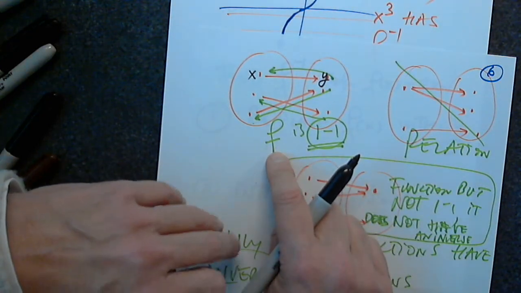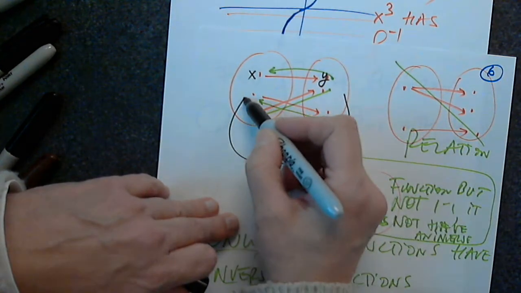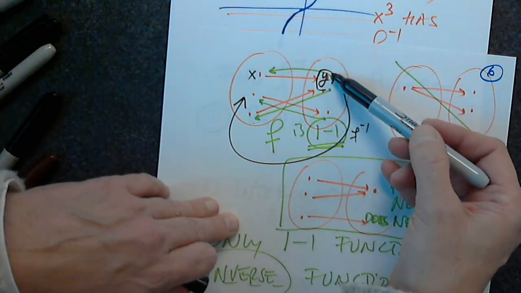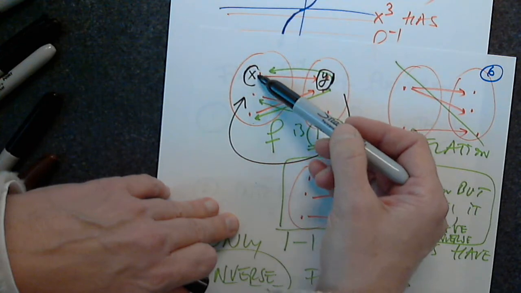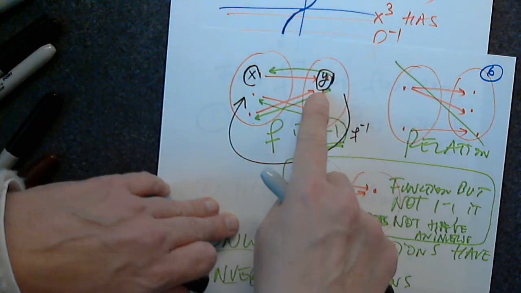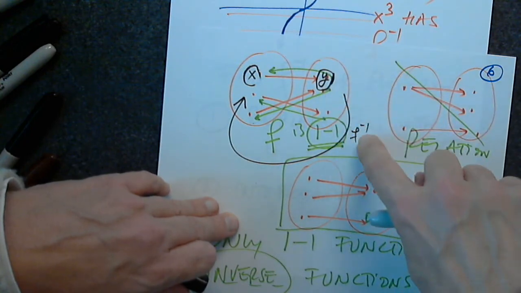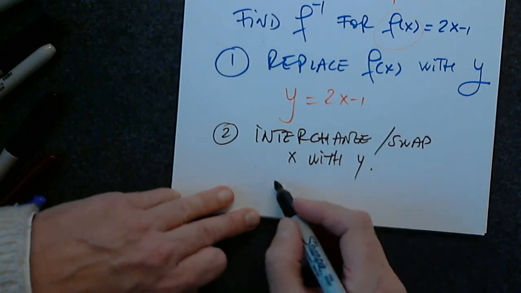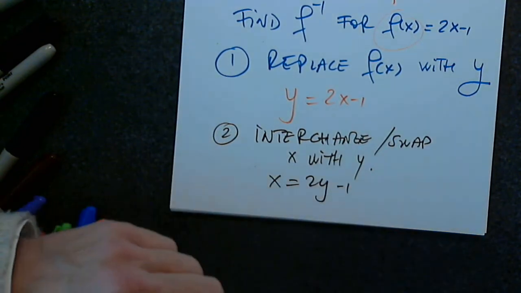Agreed? But the inverse function will go backwards. It will have this as x and this as y. That's why I'm swapping x with y, because now this becomes x for f inverse. So when I do that, I get x equals 2y minus 1.